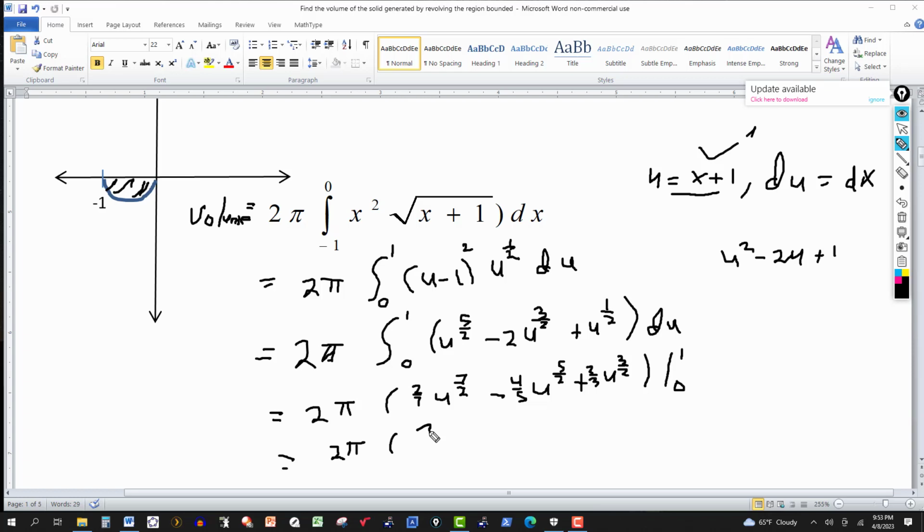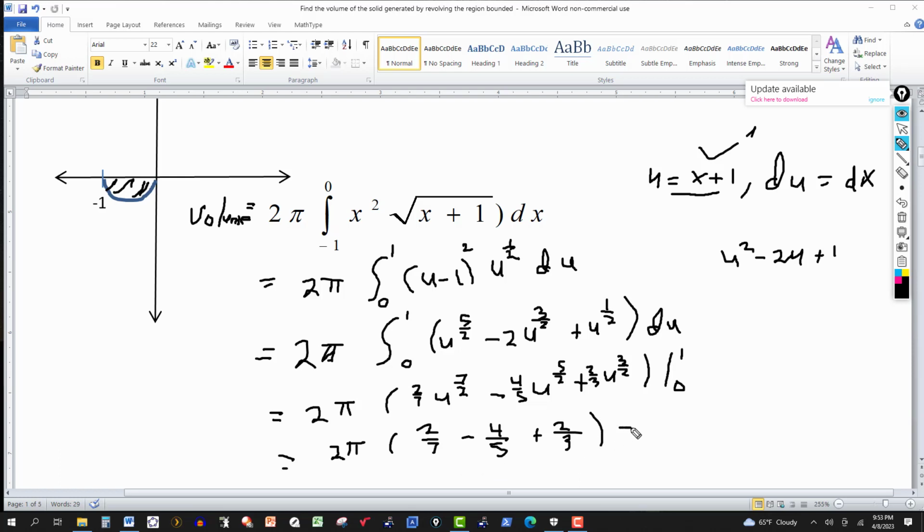So all I'm going to be left with here when I plug in 1 is the fractional part, the coefficient. So 2/7 minus 4/5 plus 2/3.